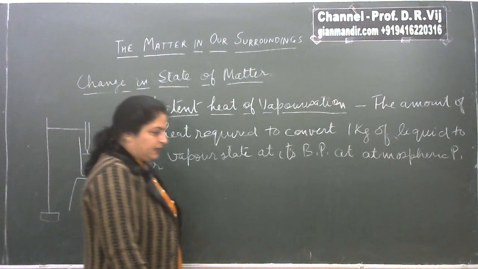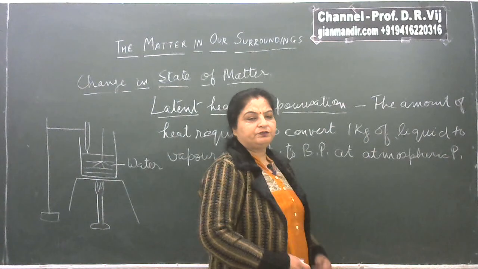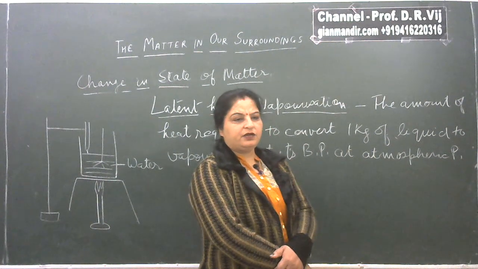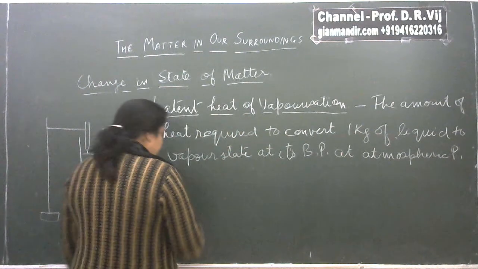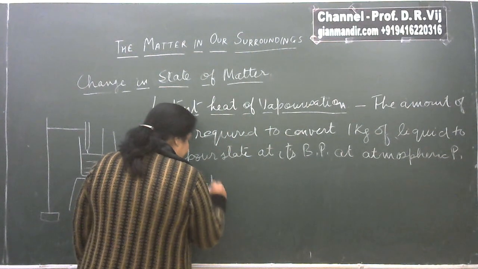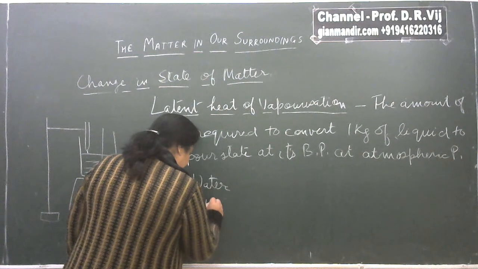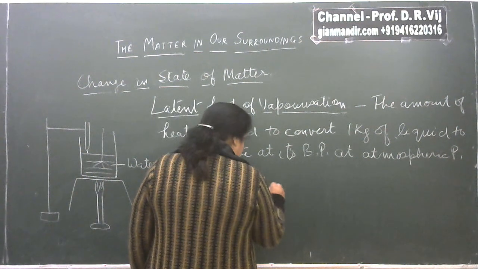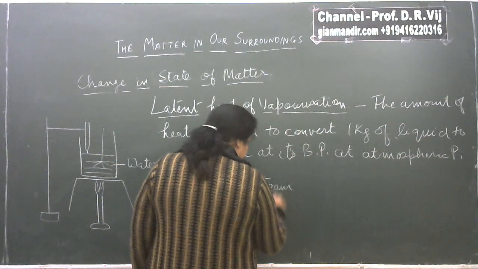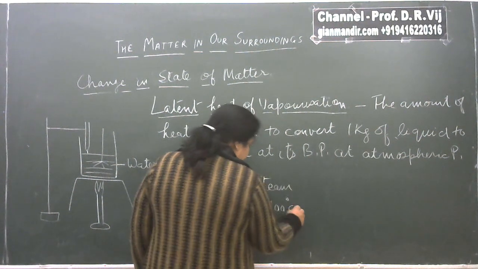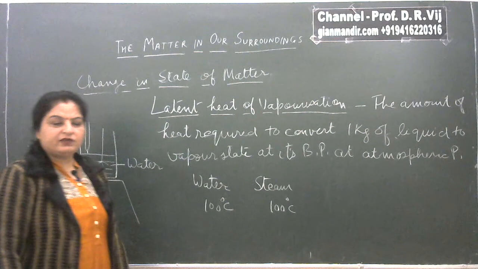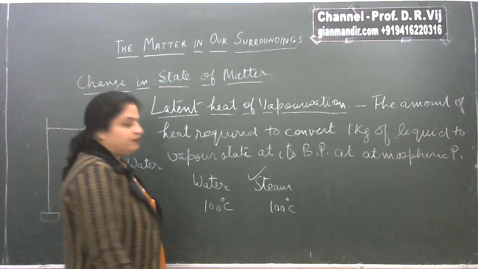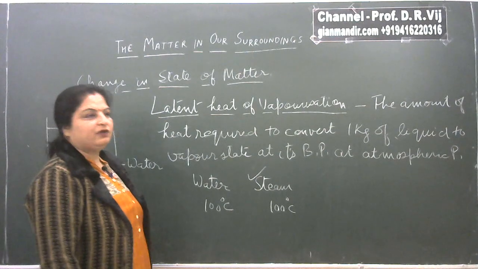So the stronger the interparticle forces of attraction, the higher the boiling point, and the higher the latent heat of vaporization. So if you have, say, liquid water at 100 degrees Celsius, and if you have steam at 100 degrees Celsius, which will give you more severe burns? Of course, the steam gives more severe burns than the liquid water.